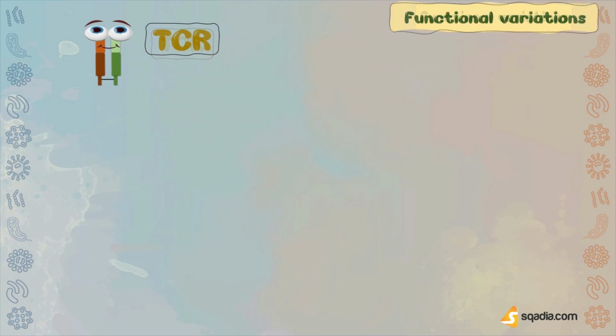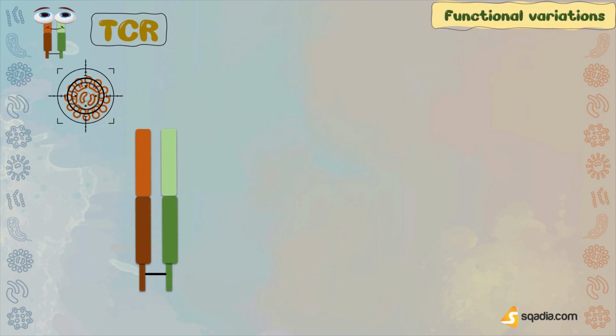Now, let's compare it with that of T cell receptors. Well, just like BCRs, the primary role of TCRs is the recognition of antigens. But this recognition mechanism differs from that of BCRs in many ways. Like, TCRs do not recognize antigens directly, except for gamma delta TCRs, but their amount inside the body is very negligible.